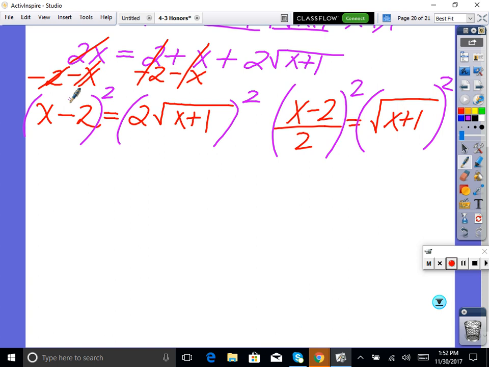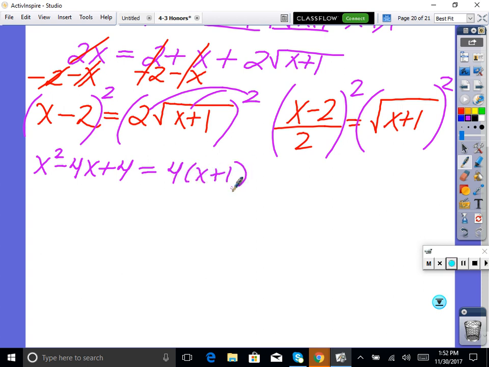So now look, this side we're going to multiply it out, aren't we? X squared minus 4x plus 4 equals, now look, we've got to square that and that. So when we have a 4 times x plus 1, and we have a quadratic we can solve. X squared minus 4x plus 4 equals 4x plus 4.